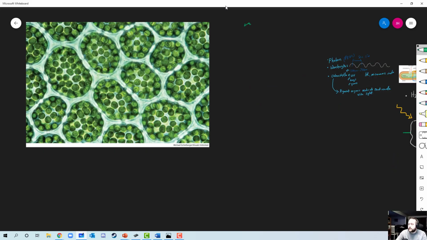So before we get started on this reaction of photosynthesis, let's make sure we understand the structures it's taking place in. This right here is a plant cell, and that's sort of like the top level of what we're studying here. And then if we zoom in, these little green circles here, that's called a chloroplast.